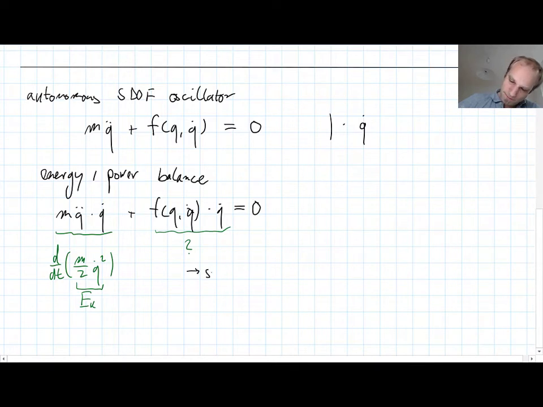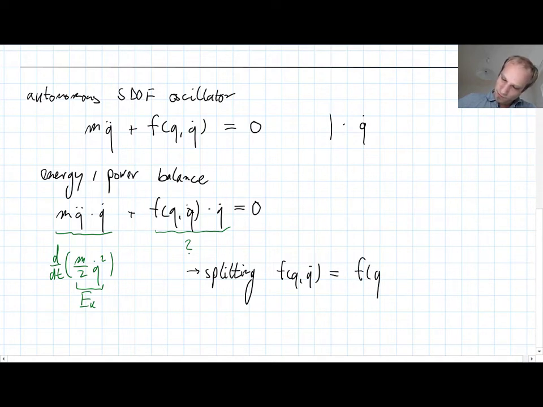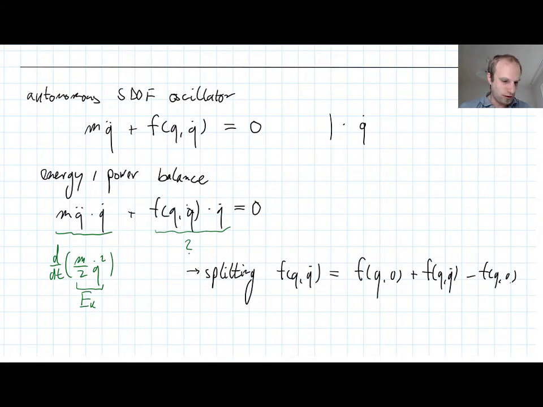So we will split f of q and q dot. We split this into a term f of q and 0, where we substitute 0 for the velocity, then we have f of q and q dot minus f of q and 0. So this is just the addition of a smart 0, as I like to say.